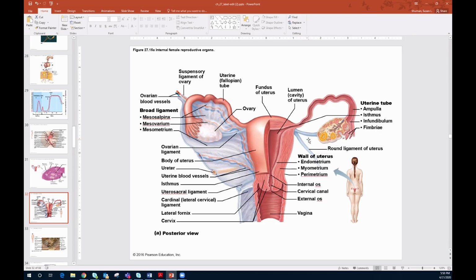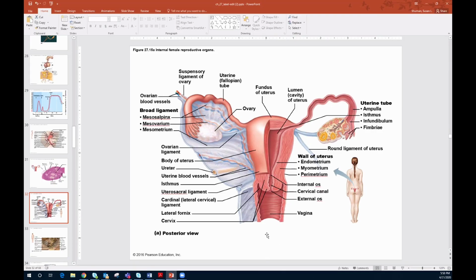When you look at a female's anatomy, it is an open system to the outside, and it's a very interesting way of doing things. In my opinion, a little less than optimal, because I'd kind of like things sealed off a little better.